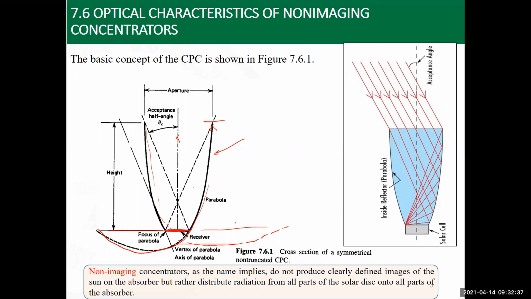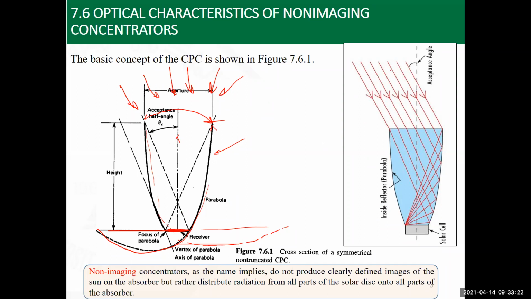Is it going to be useful? Look at the right side figure here, and it will tell you that within this acceptance angle, which in the left figure extends from here to here, any radiation falling onto the surface within this angle is going to find itself in the receiver. How this is done is shown in the right figure: all the energy falling is reaching this.